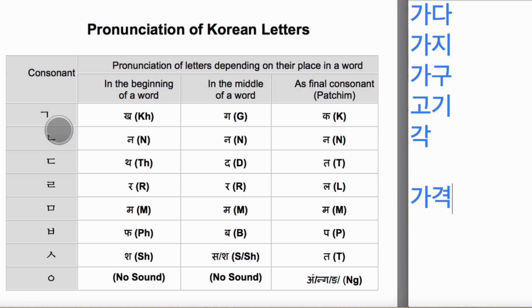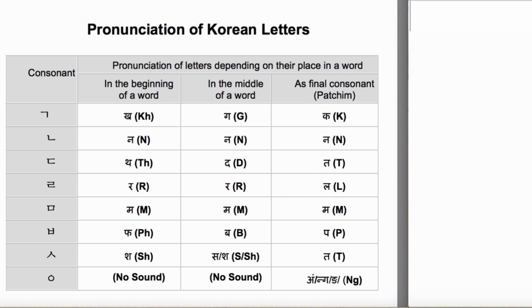Okay. Now the next letter that we have is Nian. The pronunciation of Nian remains same irrespective of its position in the word. So it is always pronounced as N. The next letter is Thigat.